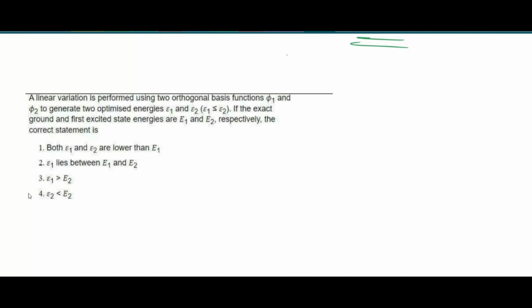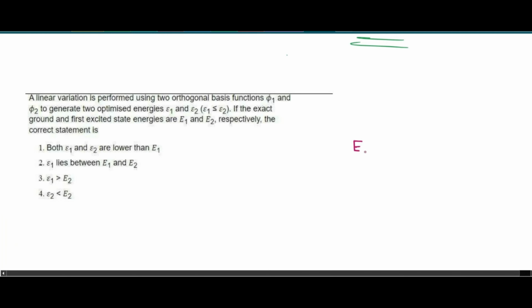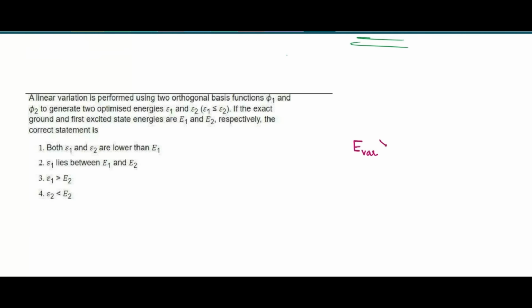This question is from the linear variational principle. According to the linear variational principle, the energy found from it will always be greater than the exact energy.